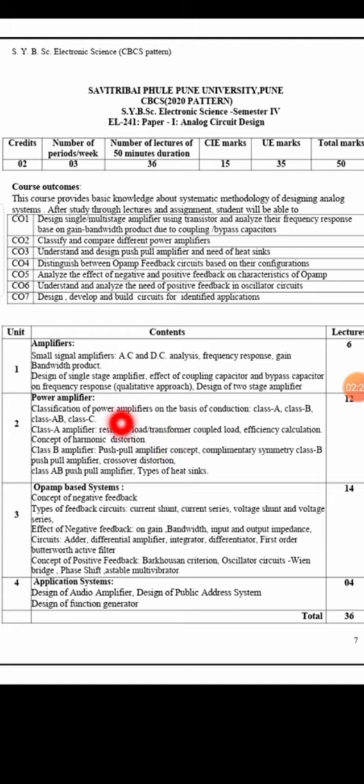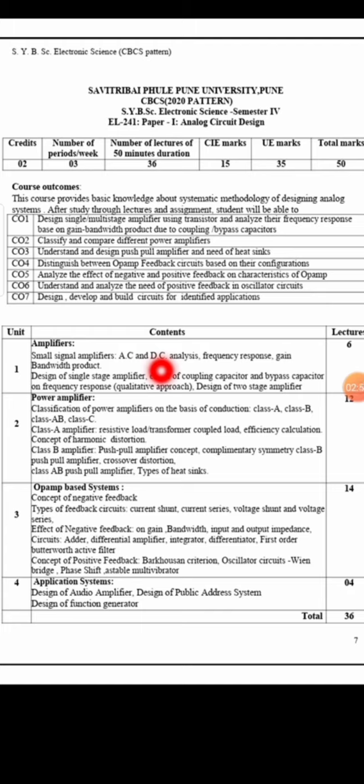So here you have unit 1. Unit 1 is amplifiers. You just observe the content that is given here. It contains small signal amplifiers, that means the amplifier which is used for AC and DC analysis. Basically you know what is meant by amplifier.